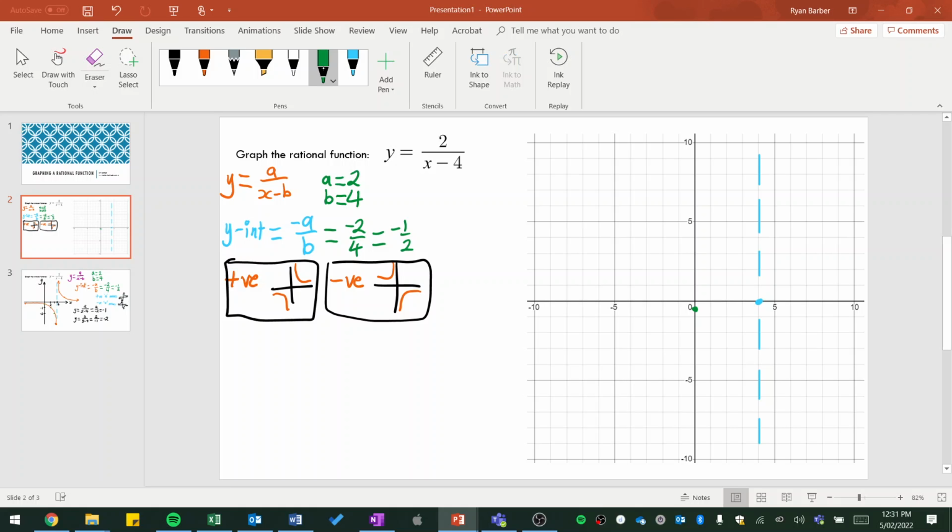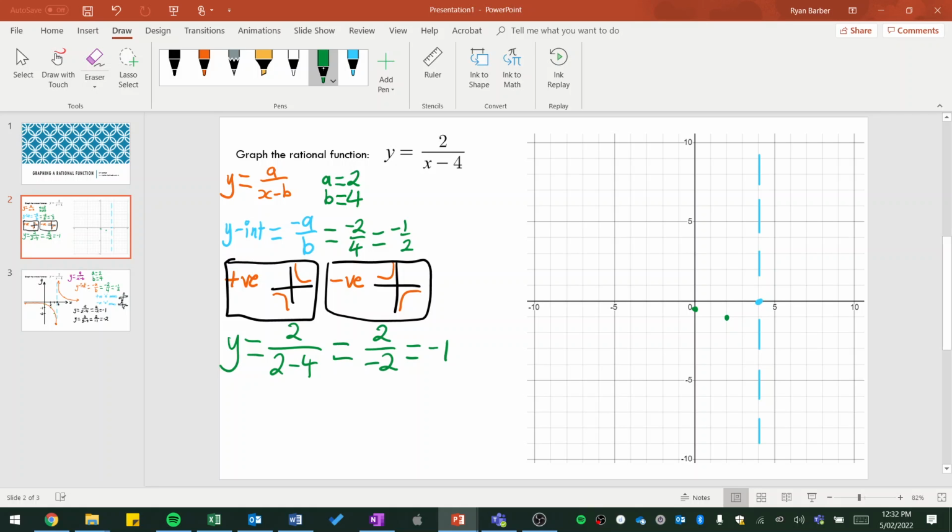So what I'm going to do first is look and see what is happening at x is equal to 2. So when x is equal to 2, y is equal to 2 divided by 2 take 4, which is 2 divided by negative 2, or negative 1. So x is equal to 2, y is equal to negative 1.